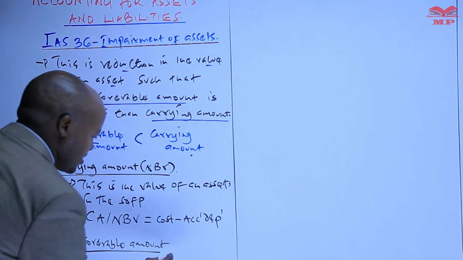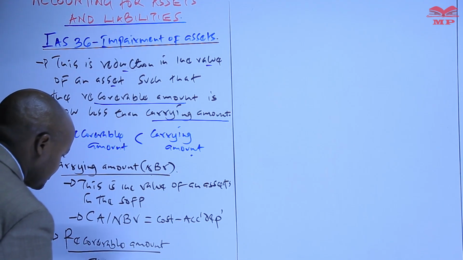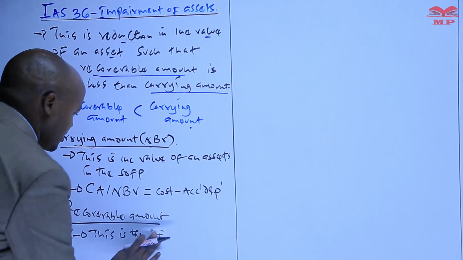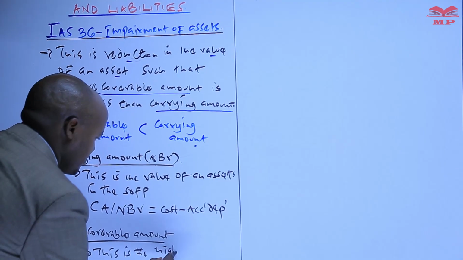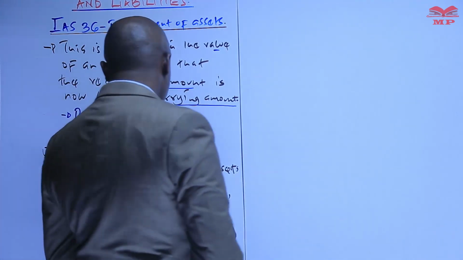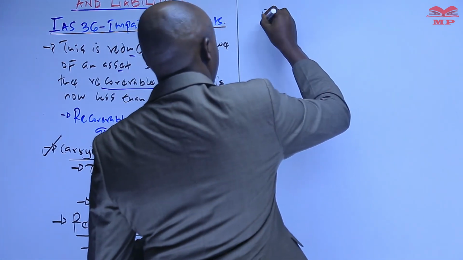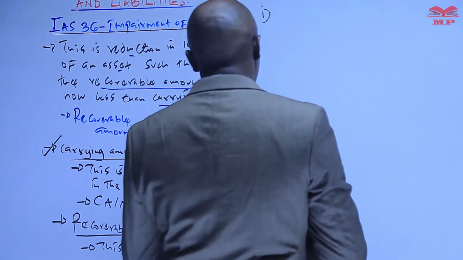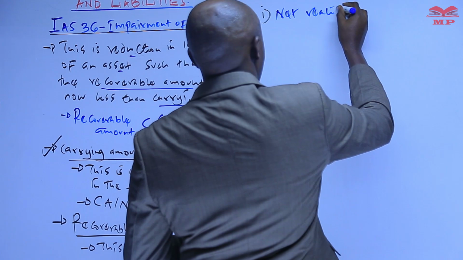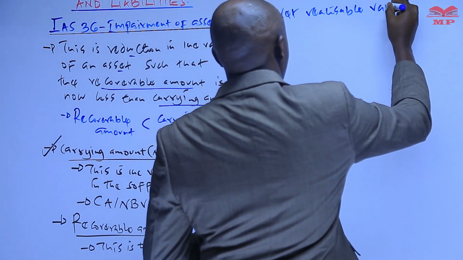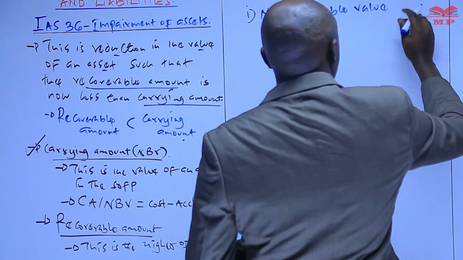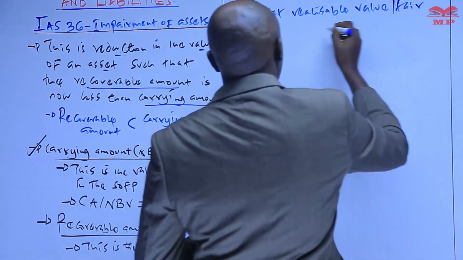So we can say that this is the higher of two values. Number one, we have the net realizable value. It is also known as the fair value less cost to sell.